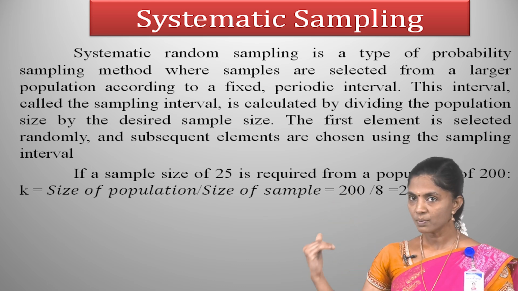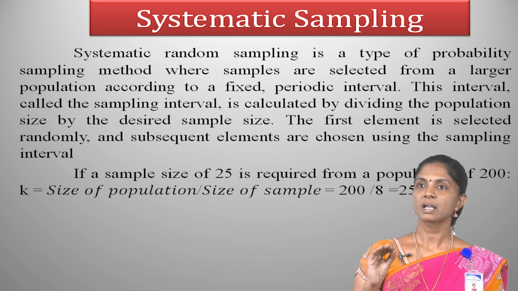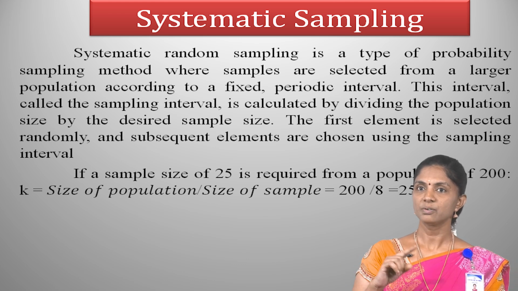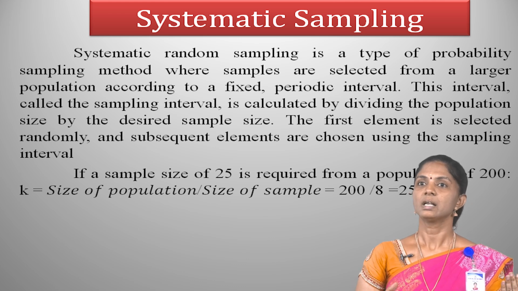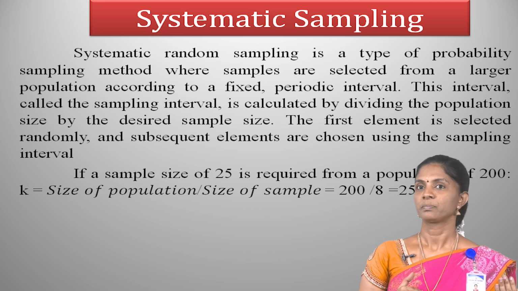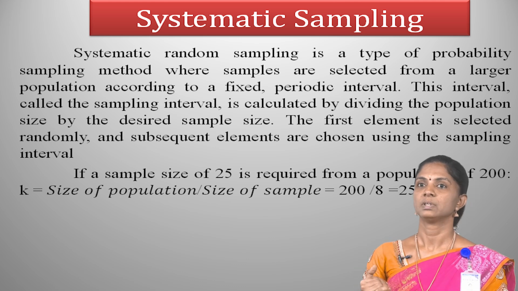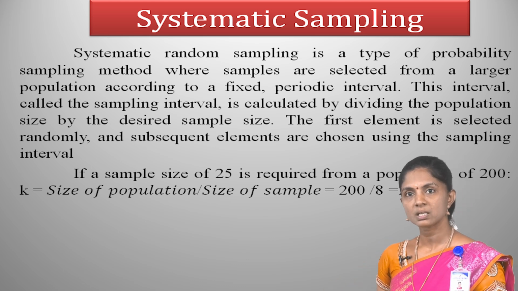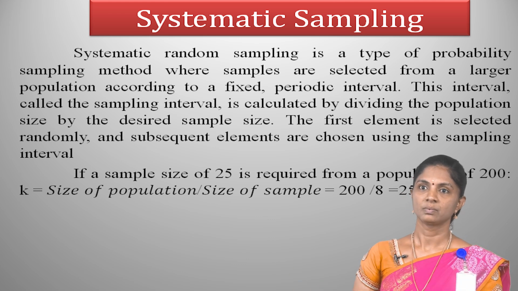This interval is called the sampling interval. This is calculated by dividing the population size by the desired sample size. The first element is selected randomly and the subsequent elements are chosen using the sampling interval.